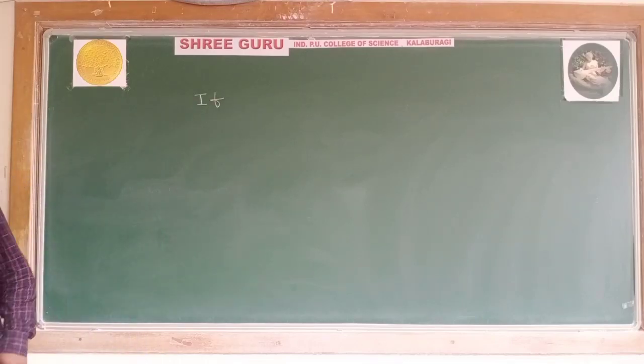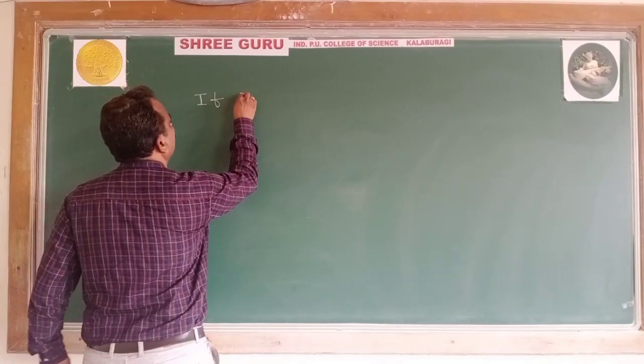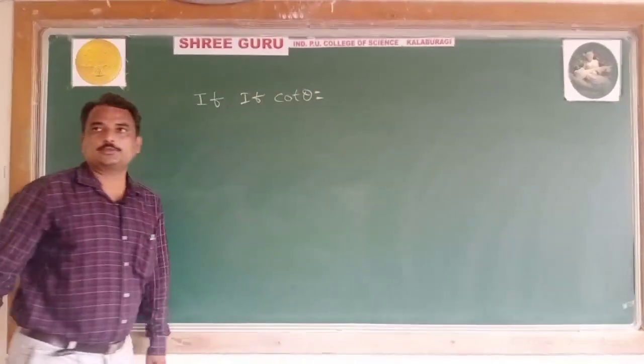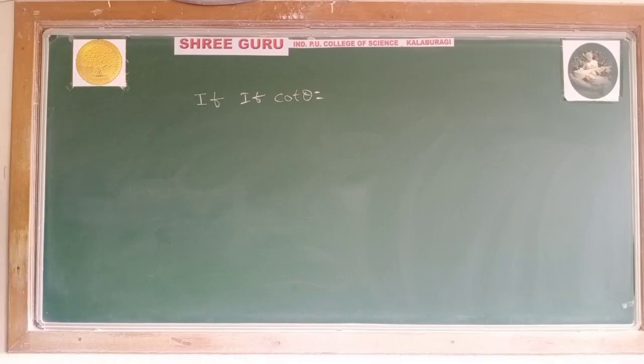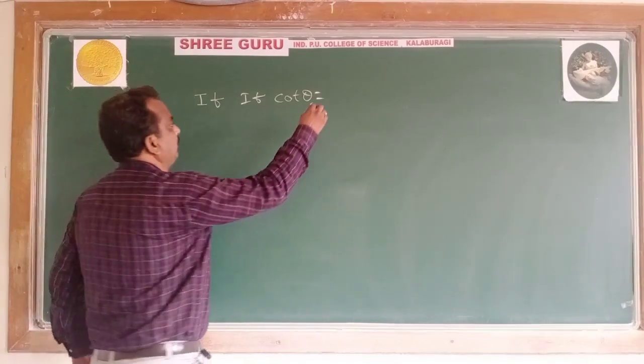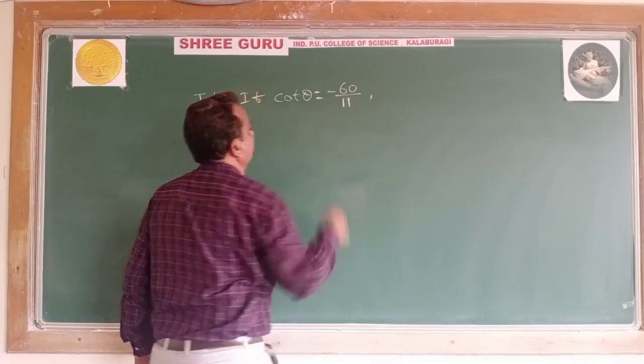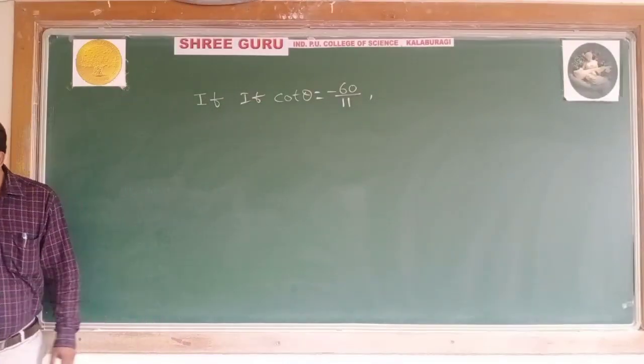Now see, if cot theta is equal to minus 60 by 11. Here the position of the angle is given.